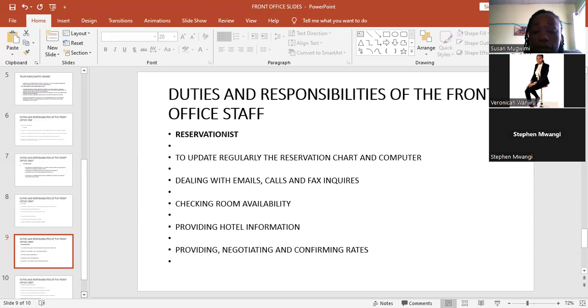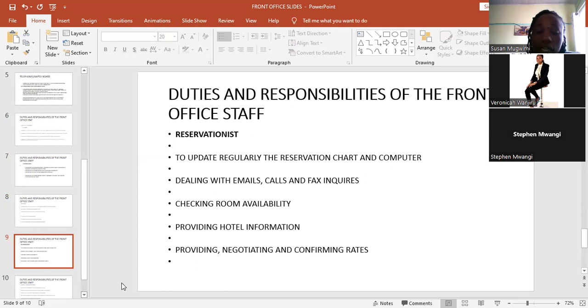The reservationist's work is to update reservation charts regularly. He's the one who takes bookings. He also deals with checking room availability so that he can book the guests into the right room. Also, he provides hotel information.